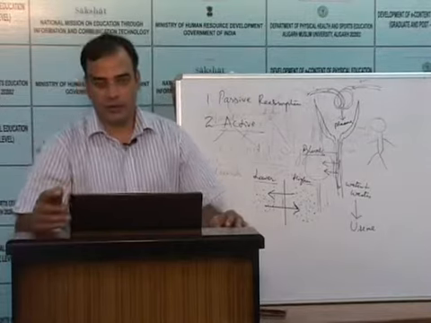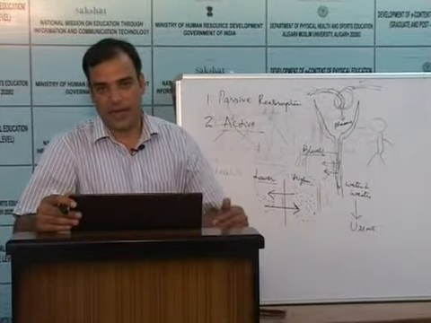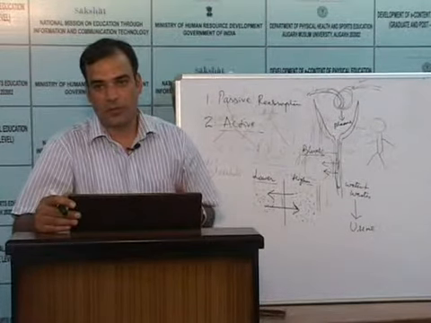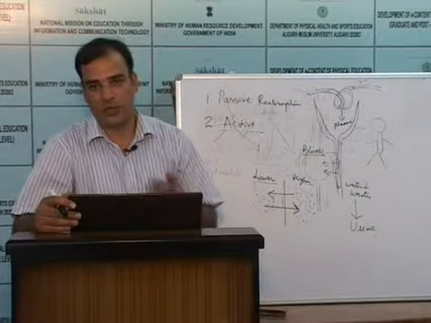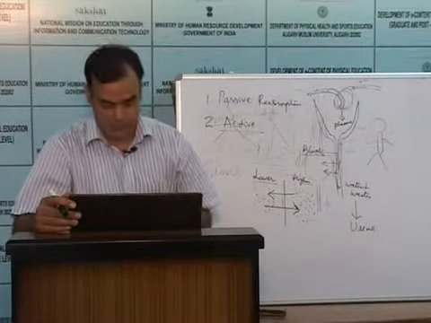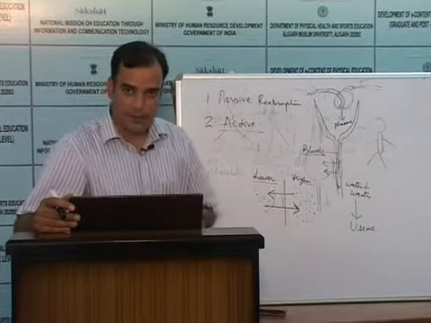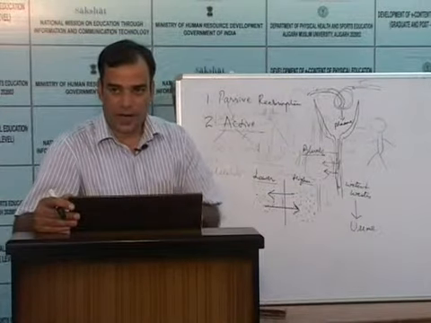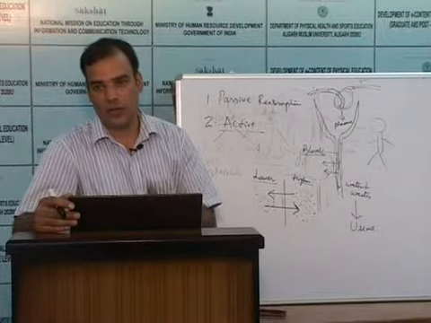Aldosterone is released by our adrenal glands, the cortical portion of the adrenal glands, and this hormone affects the reabsorption of sodium from the DCT. So the reabsorption of sodium, which takes place in both PCT and DCT, is in the DCT under the influence of the hormone aldosterone.